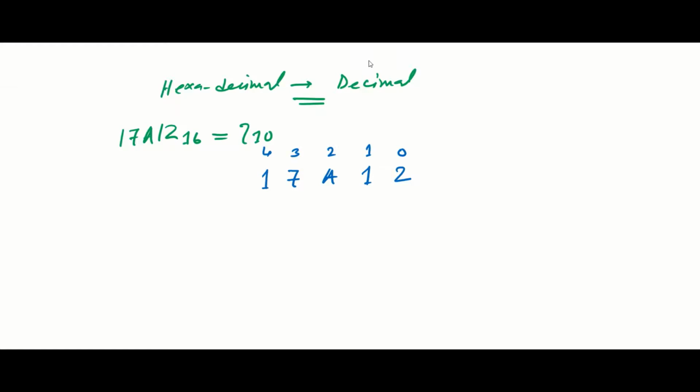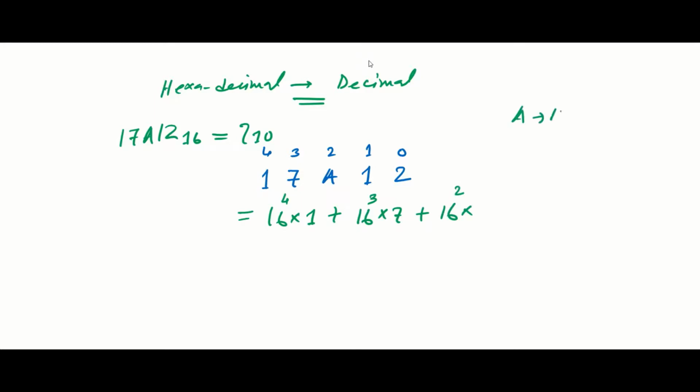So now let's do this. This is 16 to the power, the position is 4, multiplying with 1, plus 16 to the power 3, multiply with 7, plus 16 to the power 2, what is A?